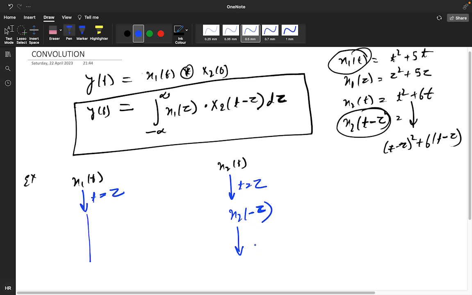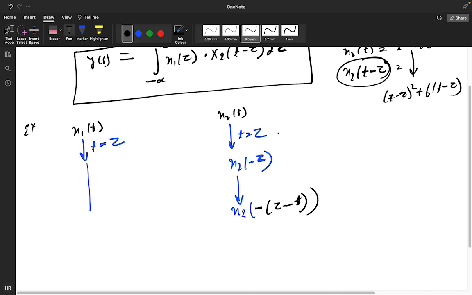After reversing, you do the shifting operation, minus tau. Taking t common, you are shifting by t. This is your folding, this is your shifting, then you will get x2 of t minus tau only.